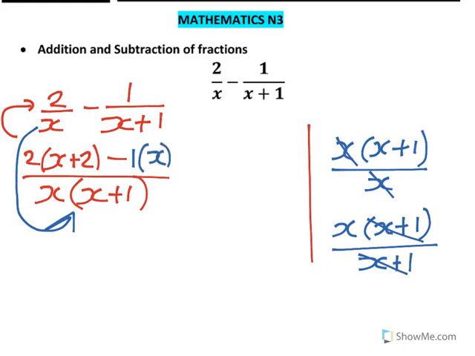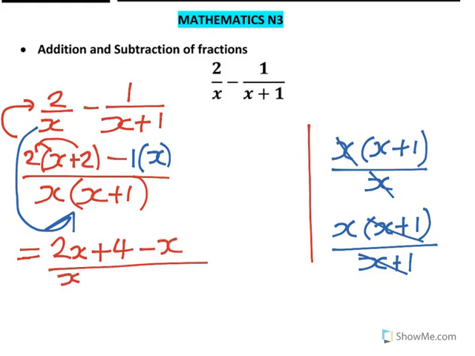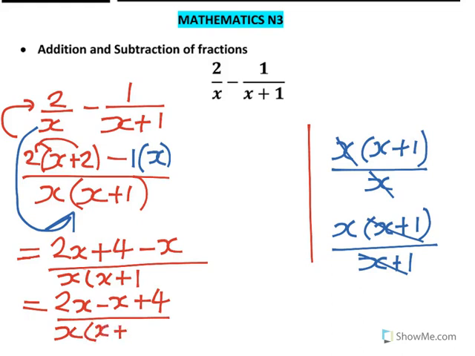After that, you open up the bracket: 2 times x is 2x, plus 2 times 2, it's 4, minus x, 1 times x is x, over x plus 1. Then if you combine the like terms, you have 2x minus x plus 4 over x plus 1, which is x plus 4 over x plus 1.